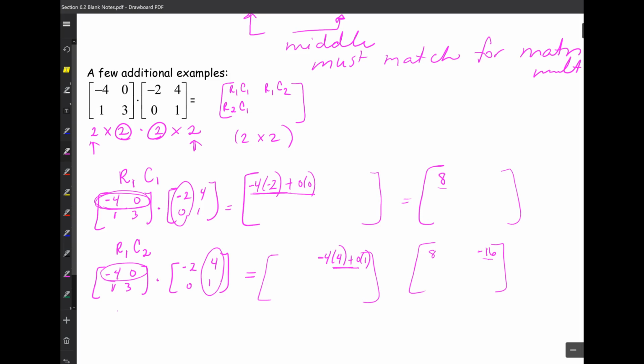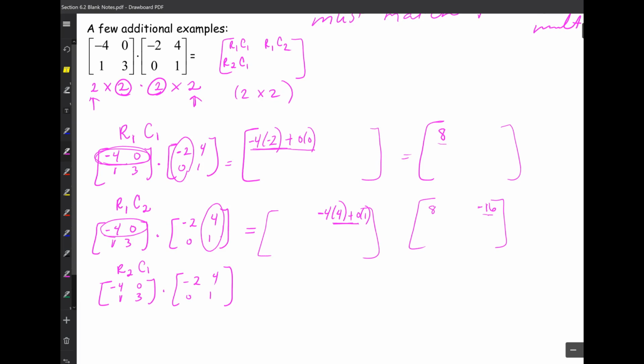To find the row 2, column 1 answer, I'm just going to rewrite the problem. I know this is a lot of writing, and you won't do this for every problem. This is just because it's the first one we're doing. I really want to drive home the process. If we're looking for the element in row 2, column 1, we're going to take row 2, which is 1, 3, and multiply it by the elements in which column?